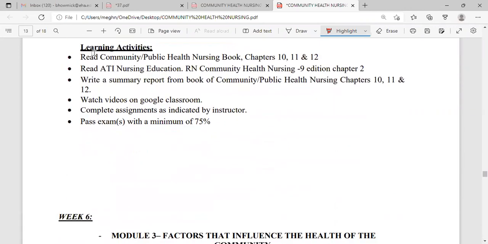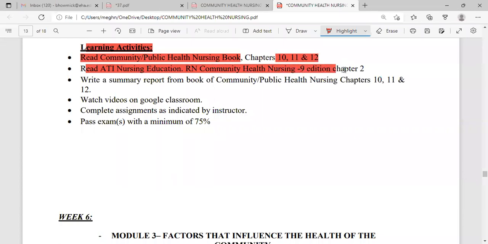So what else? What are the learning activities? Read the Community and Public Health book, chapters 10, 11, 12. Read ATI Nursing Education, RN Community Health Nursing, 9th edition, chapter 2, and write the summary report from the book Community and Public Health Nursing, chapters 10, 11, and 12.